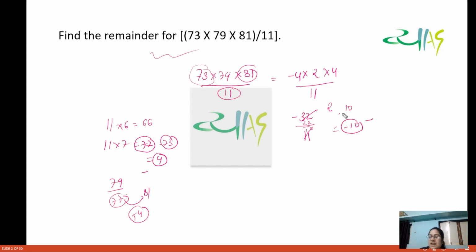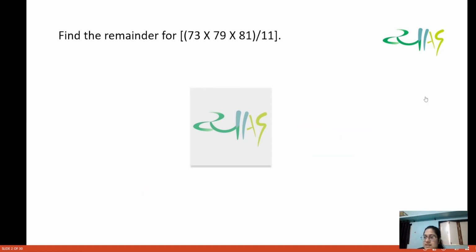When you are getting minus 10, remember what will be your remainder? 11 minus 10, because remainders cannot be negative. So we got plus 1 as the remainder. So the remainder for this number is plus 1. This is the easiest of the questions that we will do today.